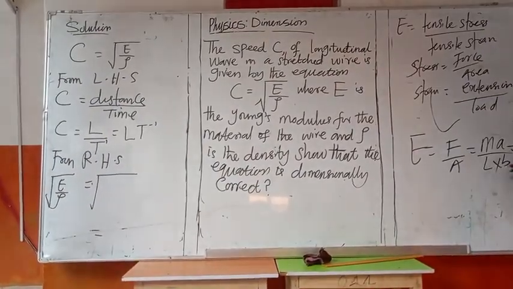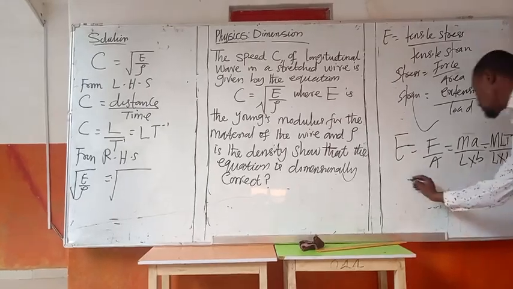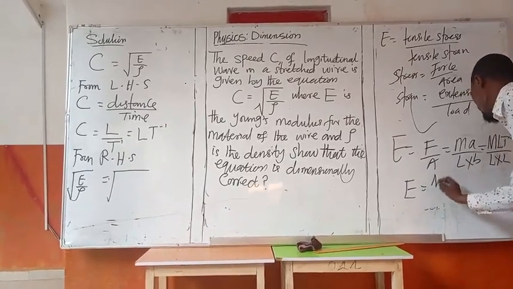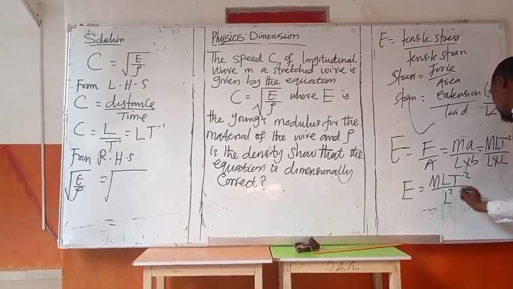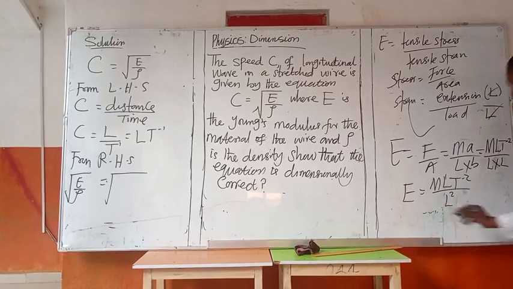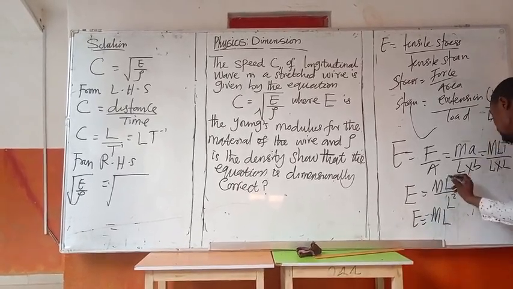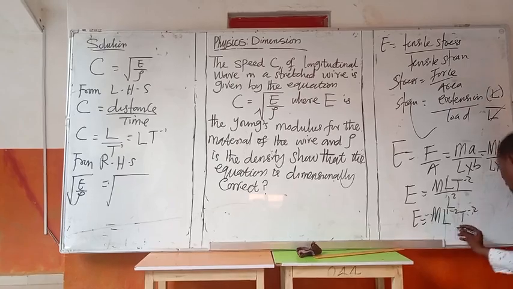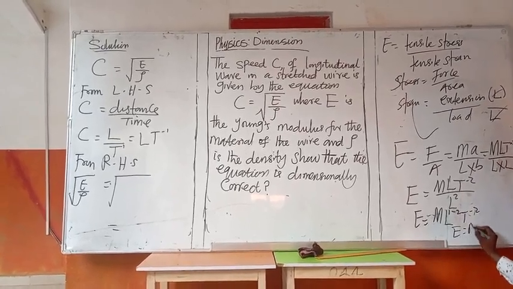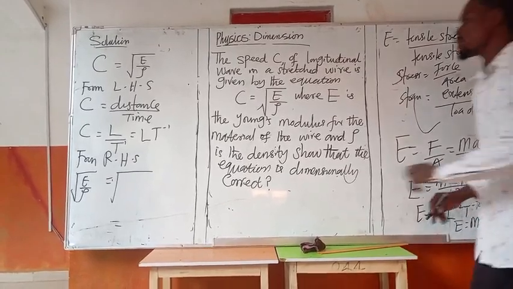All over length times breadth, which is L times L. Which means that Young modulus is equal to M L T minus 2 all over L squared. So Young modulus E is equal to M L raised to power minus 1 T raised to power minus 2.